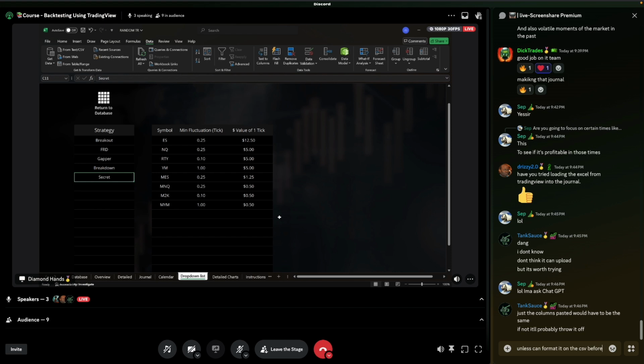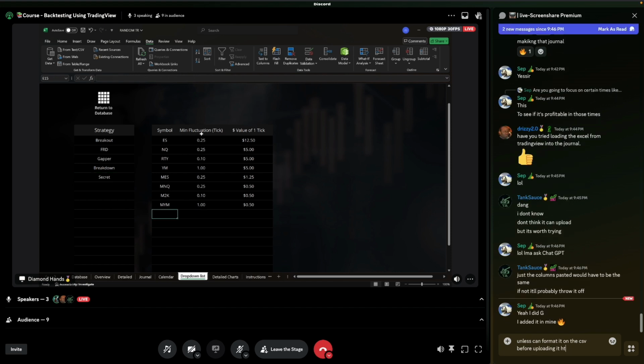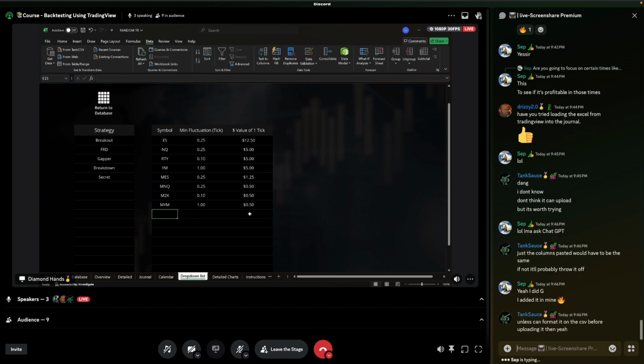The tick value is point 10, I believe. Then you can do $1, or $10, depending on if you're doing micros or minis.